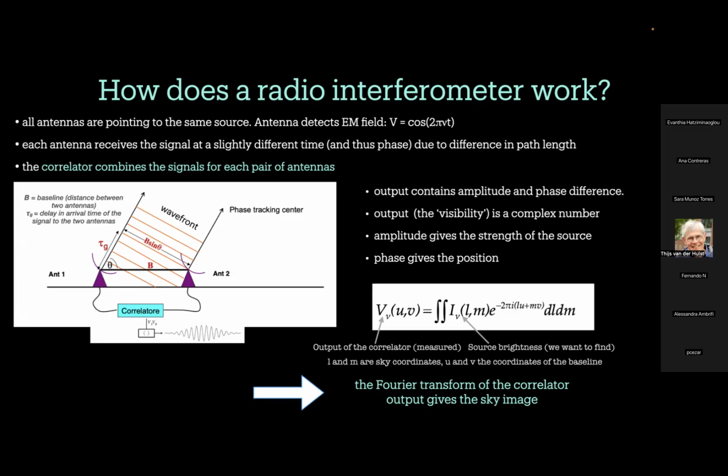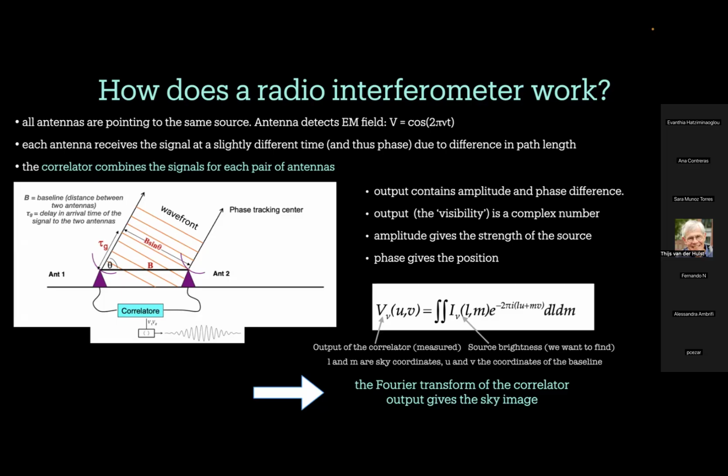If you do the math, it turns out that this visibility that you measure is the Fourier transform of the brightness distribution of the sky. And this is the brightness distribution of the sky. This L and M is a coordinate system on the sky, centered on your position. So it's L and M, radians in a sense. It turns out that this visibility that you measure in this way is the Fourier transform of your image.